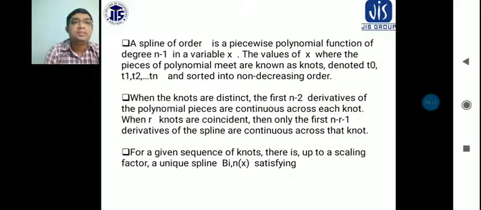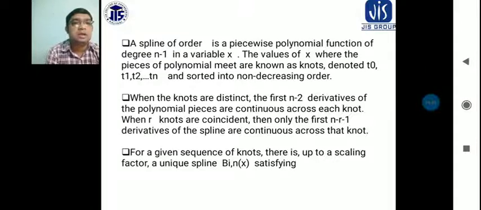The values of x where the pieces of polynomial meet are known as knots, denoted T0, T1, T2, up to Tn, and sorted into non-decreasing order.